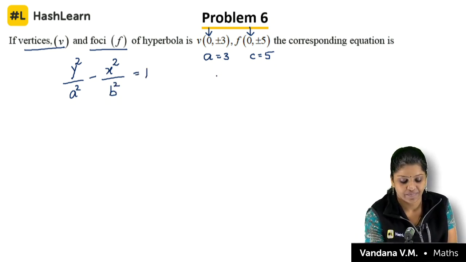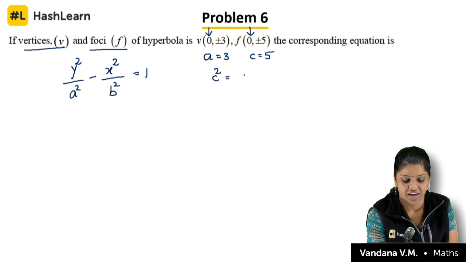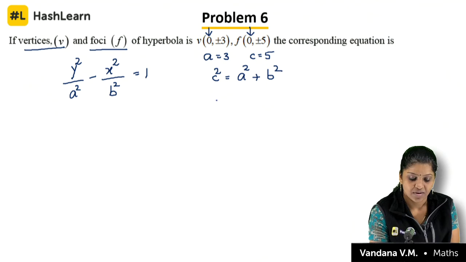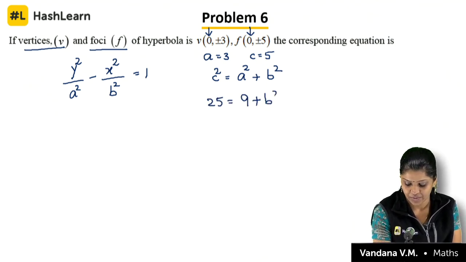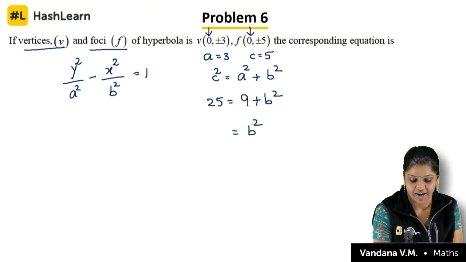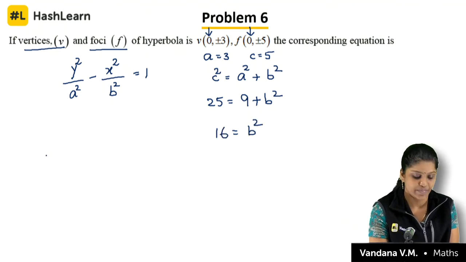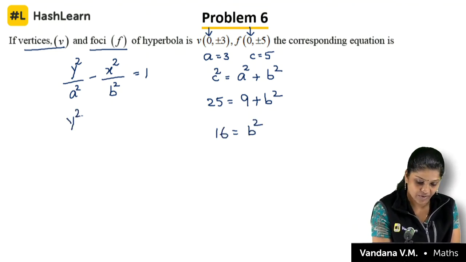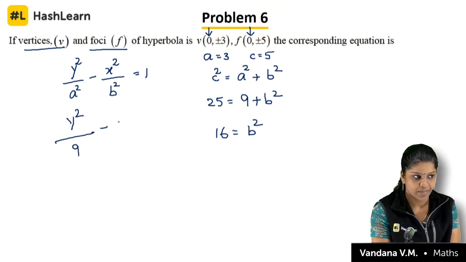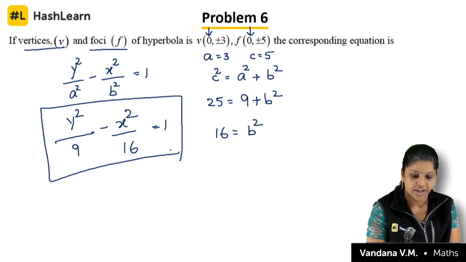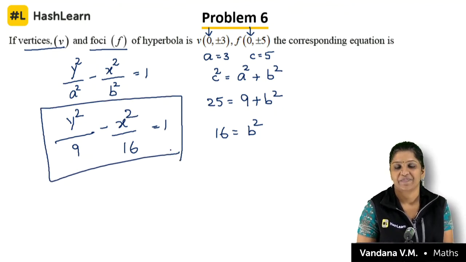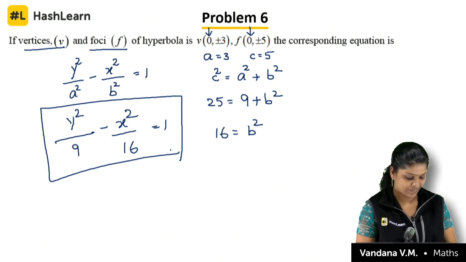Please write the relationship, C square is equal to A square plus B square. 25 is equal to 9 plus B square, that is B square value is 16. Very simple, just dump the values. Y square by 9 minus x square by 16 is equal to 1. This is your required equation. Clear? Okay. Next one.